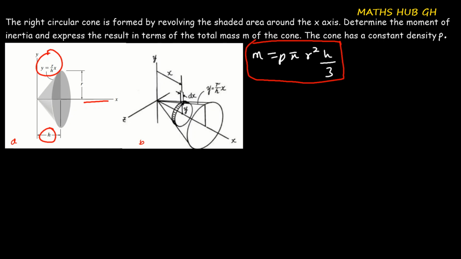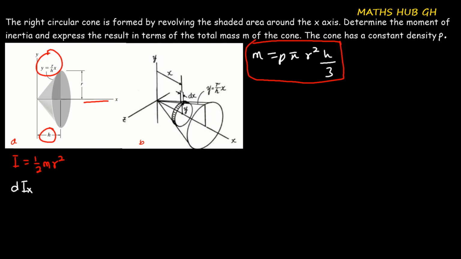So the mass moment of inertia of the circular disc will be equal to half times the mass times the square of the radius. Okay, this is what you have. But you want to find it for a single circular disc, so you are going to have dI, and since we are finding the mass moment of inertia about the x-axis, I'm going to bring a subscript x here.